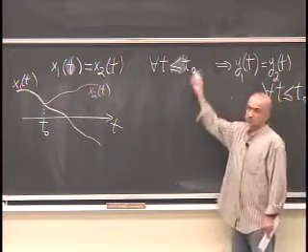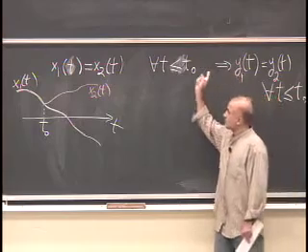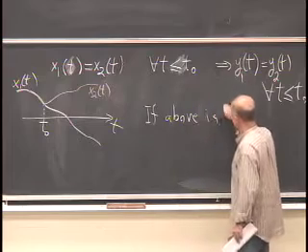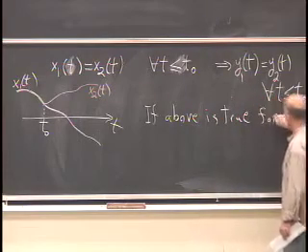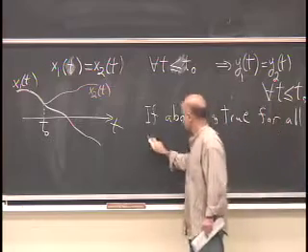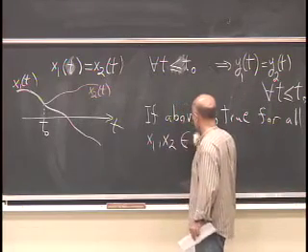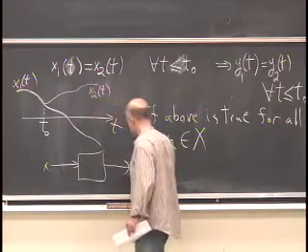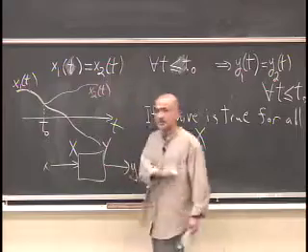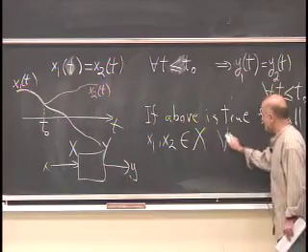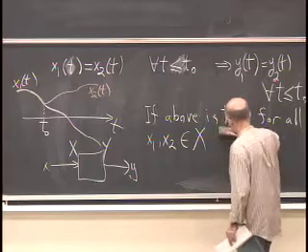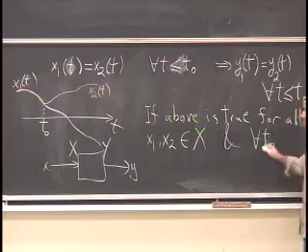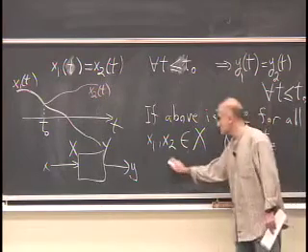If this is true for a system, if the above is true for all x1 and x2 in the input signal space, remember the input signal space, and the output signal space, and for all t naught, then the system is causal.